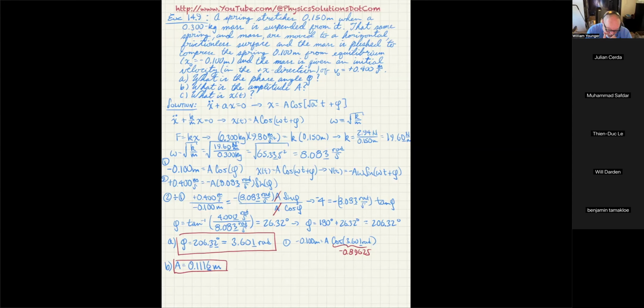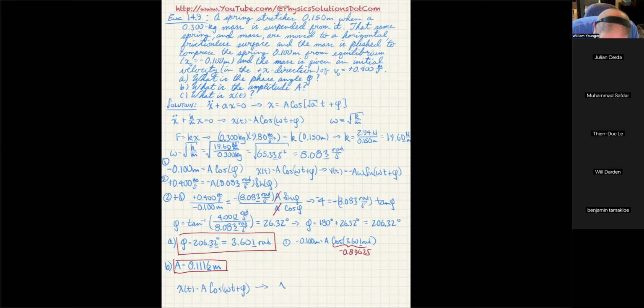Now all I have to do is say what x of t is, and of course x of t is just A cosine of omega t plus phi, as we hypothesized for the solution of the differential equation. But now we actually know what A and phi are, as well as omega.